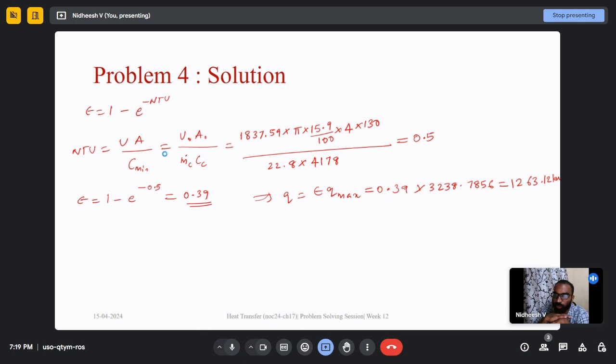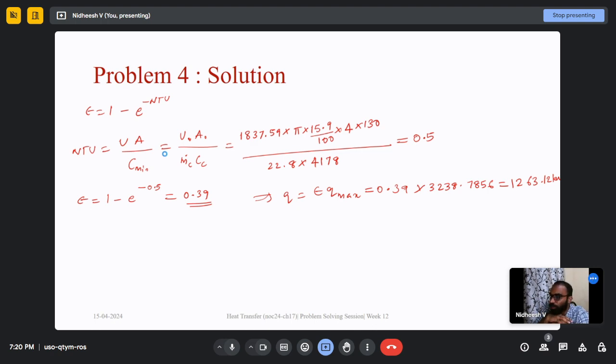Recollect whatever we did till now for this problem 4, and let me know if there was something that was not clear. The program from my end is not responding.